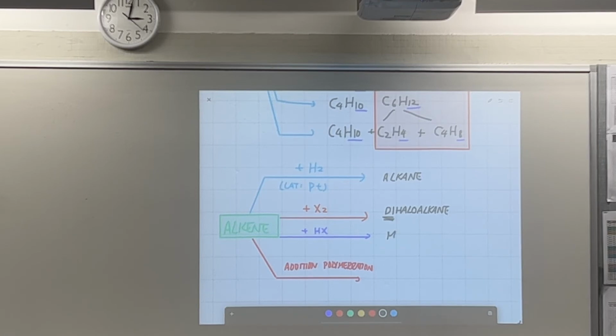And this is just a monohalo, or let's just drop the word halo, haloalkane. And addition polymerization will form polyalkene. What is the bromine water test result on polyalkene?